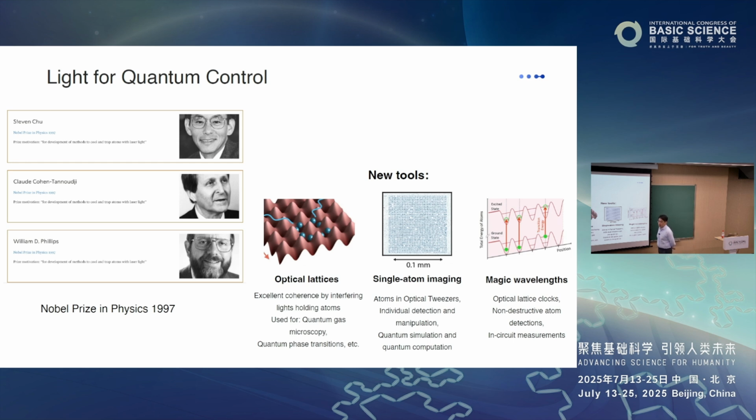And those tools that they developed in the 90s have now advanced by a lot, in that there are new tools, for example, optical lattices can enable holding of individual atoms, and one can individually resolve the atoms when they are in, for example, optical tweezers. And we can have this so-called magic wavelength, which is widely used now in optical atomic clocks, and also the atomic detection method that I will be briefly mentioning towards the end of the talk.